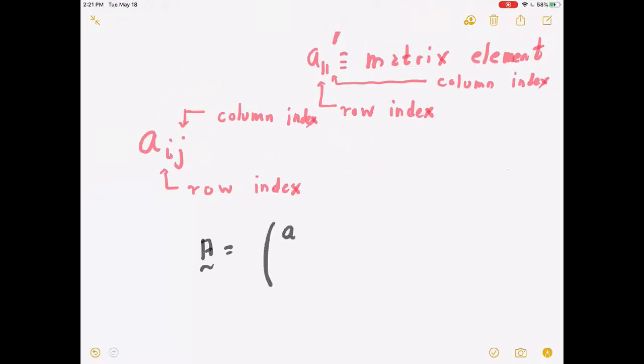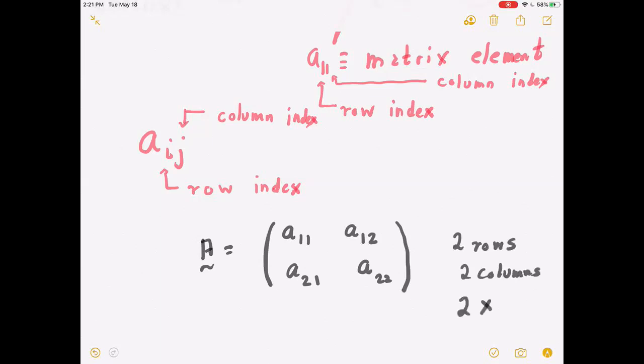This matrix element is the first row, first column. This matrix element is the first row, second column. This matrix element is in the second row, first column. This matrix element is in the second row, second column. This matrix has 2 rows, 2 columns, and it's referred to as a 2 by 2 matrix.